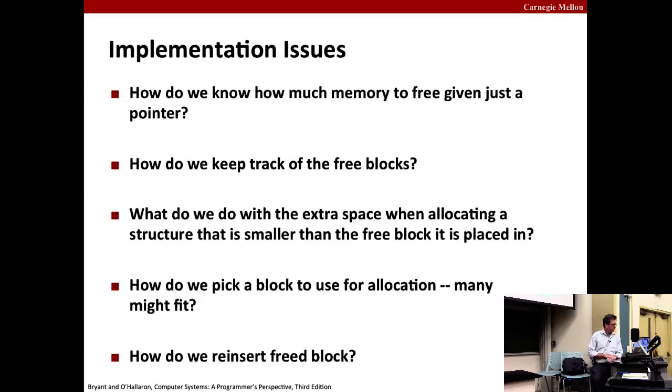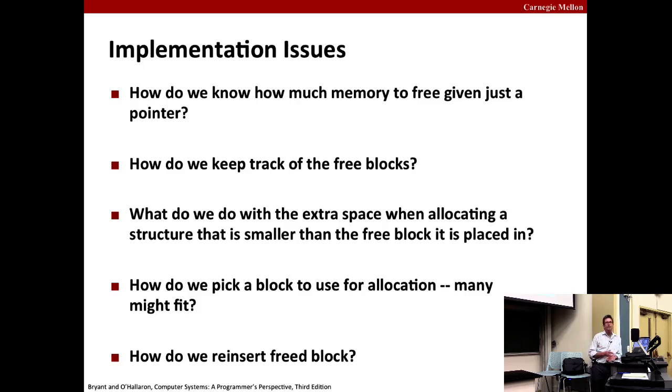Now, when we build an allocator, all kinds of issues come up that I've glossed over with my simple examples. If we call free, how does free know how much memory to free up? We don't call free with a block size, we call it with a pointer. So how does free know how big that block is?